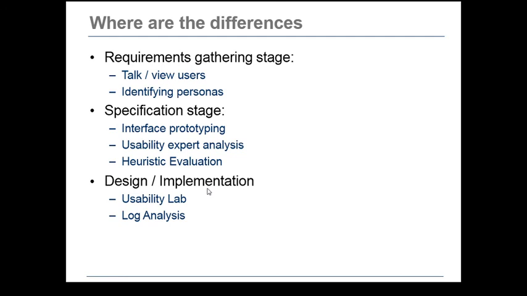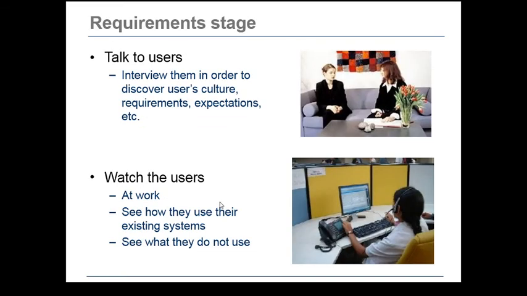And design implementation has two stages, usability lab and log analysis. Then at the requirement stage, talk to users, interview them in order to discover user culture, requirements, expectations, etc. Watch the users at work, see how they use their existing system, see what they do not use. So you have to take all this information.